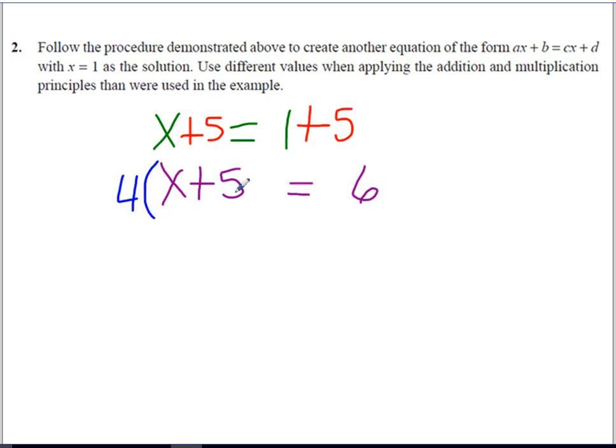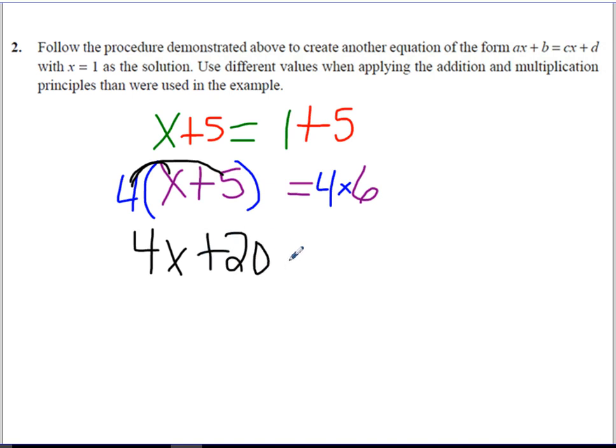So again, I need to put my x plus 5 expression in parentheses. And so that means we need to distribute 4 times x gives us 4x, and then 4 times 5 will be 20, so the left side simplifies down to 4x plus 20. And on the right side, we get 24.